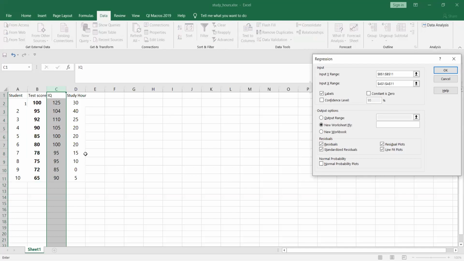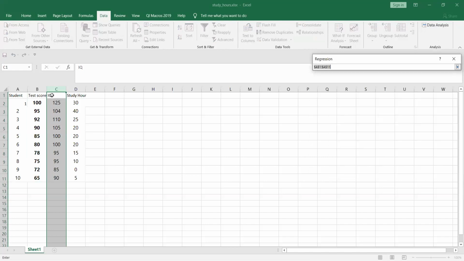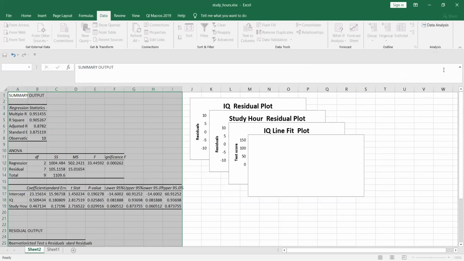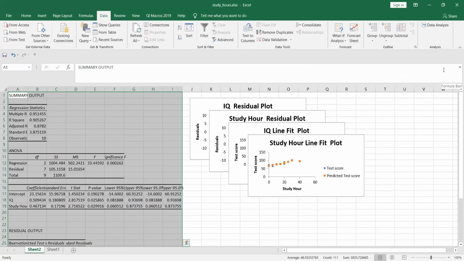Here the input range is IQ as well as study hours. I want to plot all the 4 plots for this. So you get the multiple plots here along with the regression analysis.